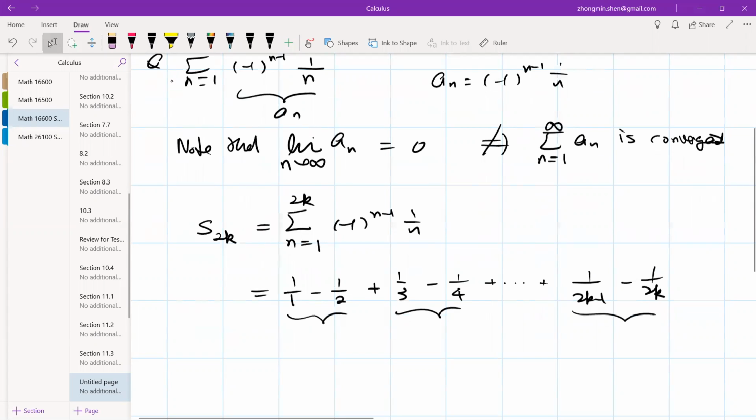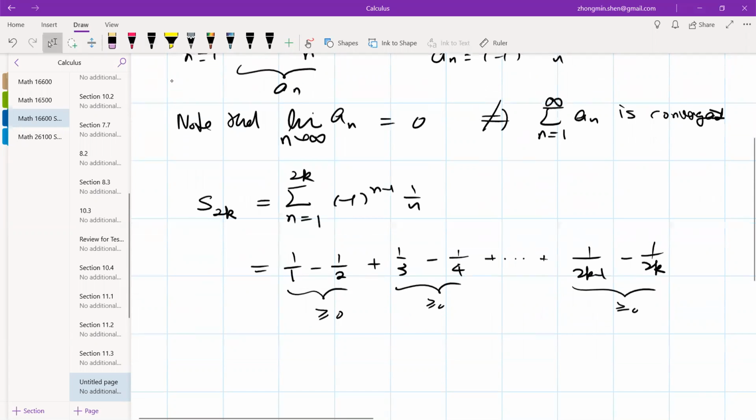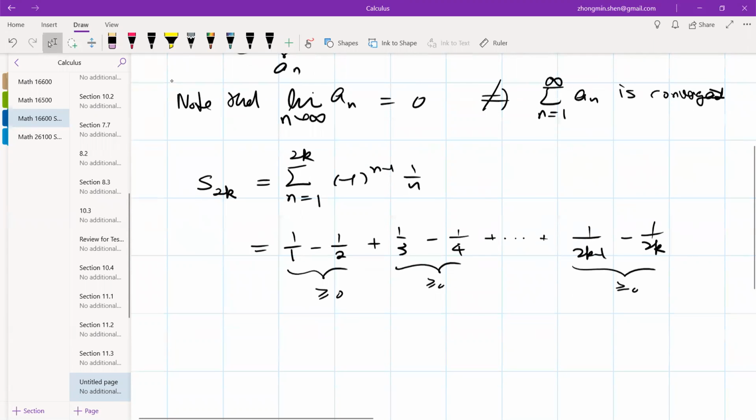So if you regroup them, this is going to be a series of non-negative terms, positive terms. Maybe you can prove that it's convergent.